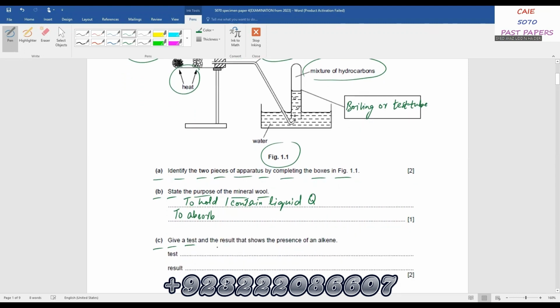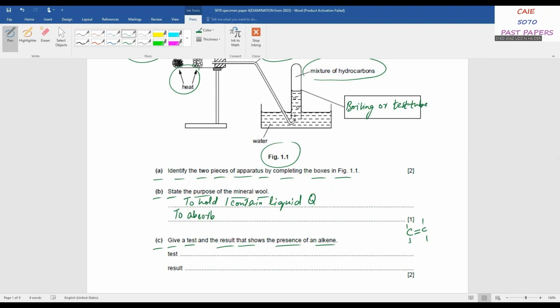Give a test and the result that shows the presence of an alkene. You know, alkene contains carbon-carbon double bond. And the common test we are having in our syllabus is bromine water. You can even write bromine in cyclohexane.